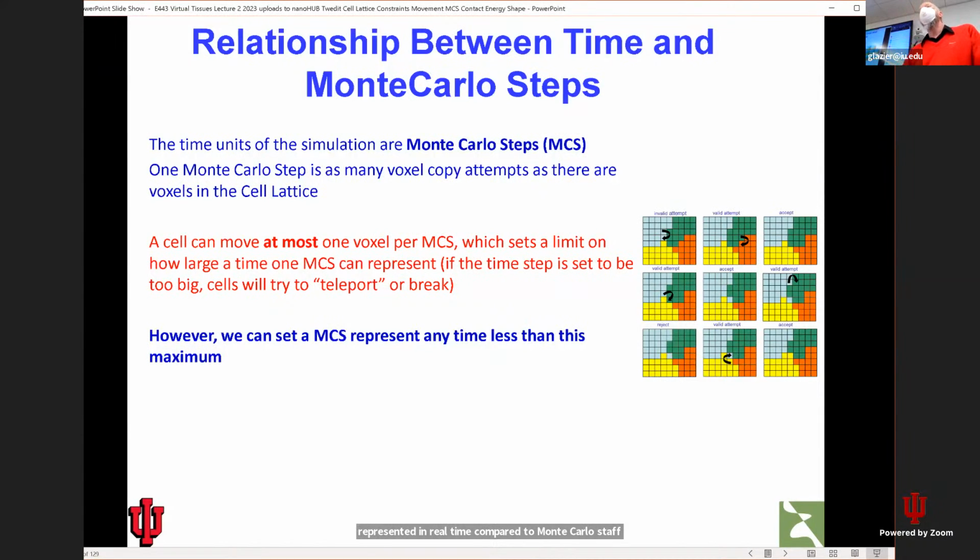So if you have cells that move 1 micron per minute, and my voxel size is 1 micron, then my Monte Carlo step has to be less than a minute.